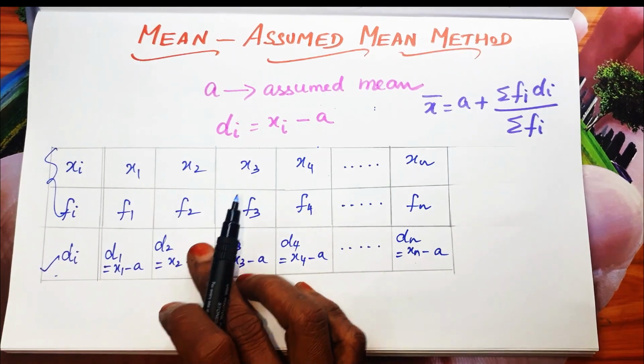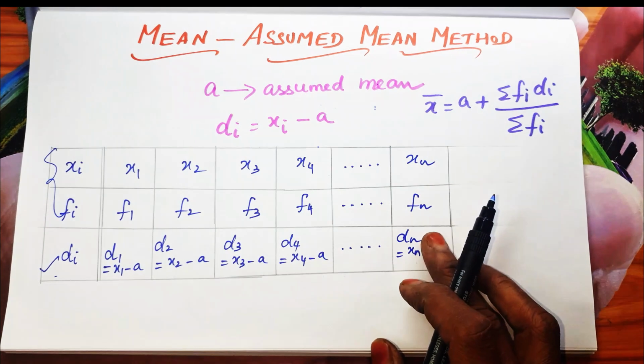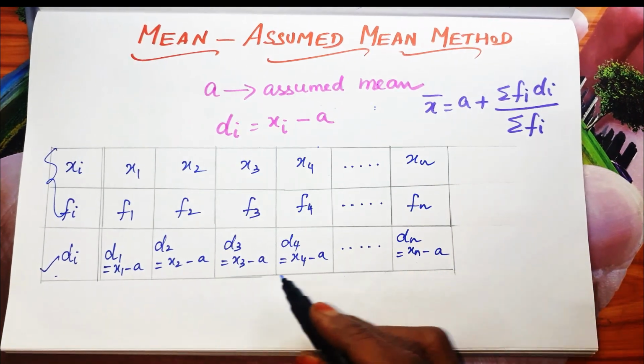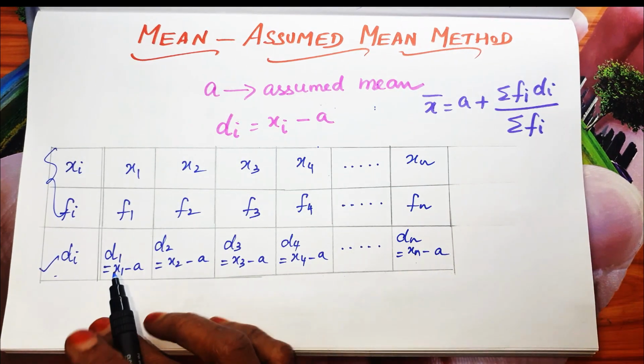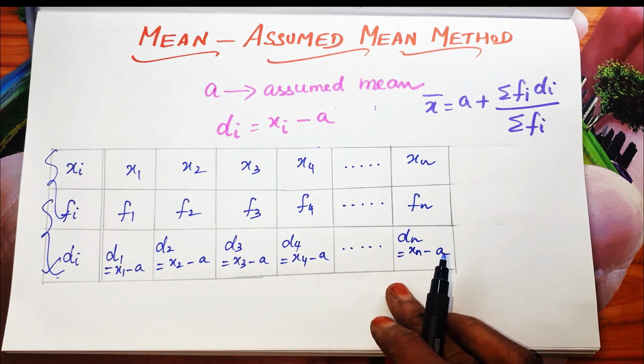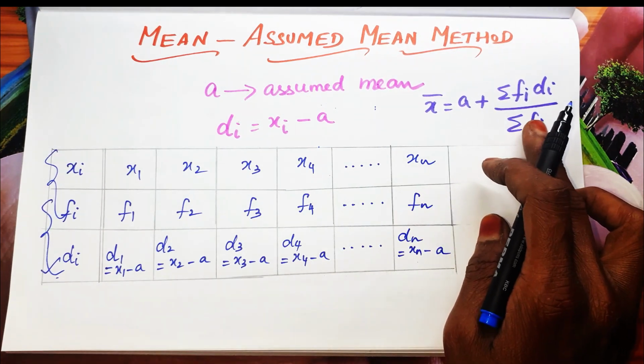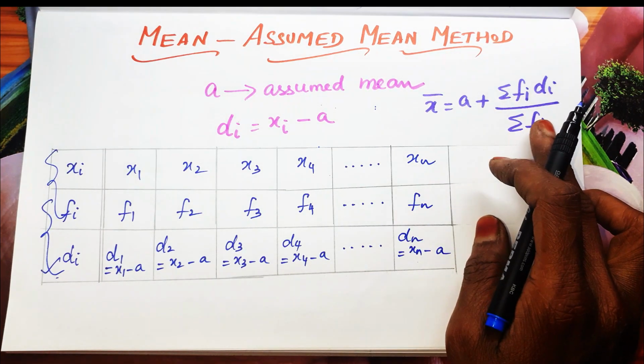Then d2 is x2 minus a, d3 is x3 minus a, etc., dn is xn minus a. After this, in our table, we have to take the product of these two, fi di, and we have to sum that, and summation fi also we need for getting the answer.